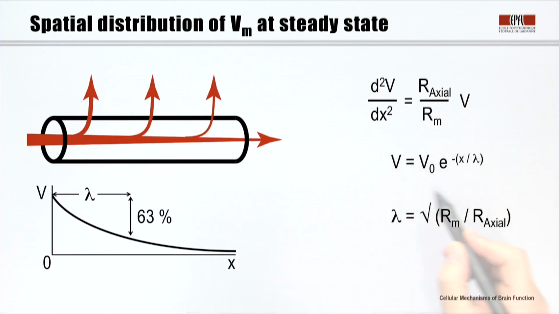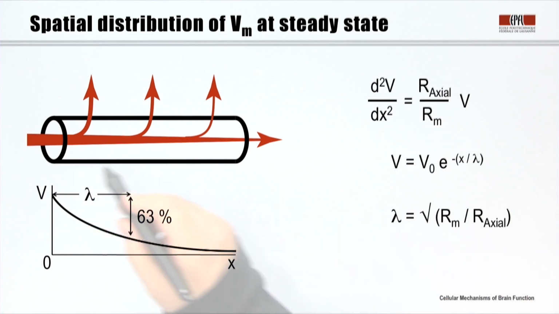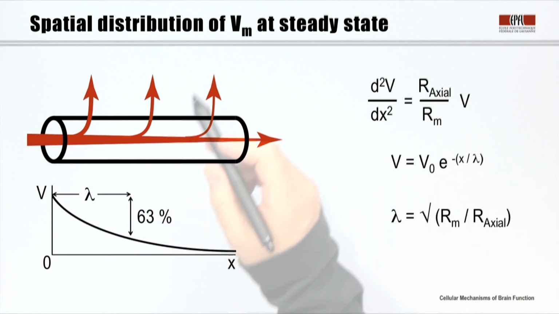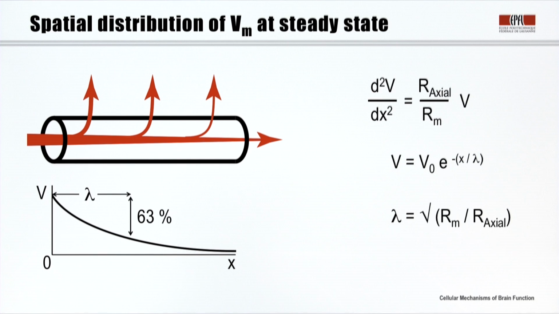We can plot the exponential drop-off of voltage across the length of the cable here as the exponential decay of the membrane potential as the current traverses this leaky cable at steady state. The distance where the potential has dropped to 63%, that is 1 over E, is equal to the length constant of the cell, lambda.